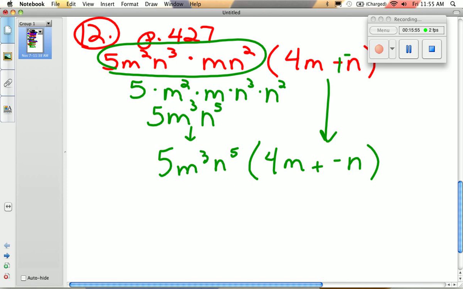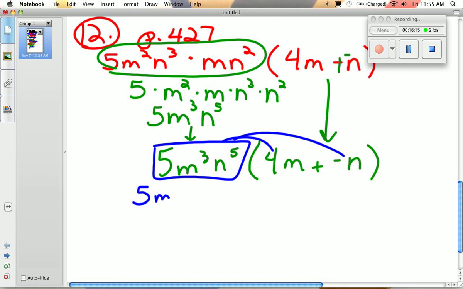So all we did was take care of that multiplication, get that simplified. Now we can do our distributive property. So now we're going to take this monomial times those two pieces of our binomial. So we have 5m cubed n to the fifth times 4m.